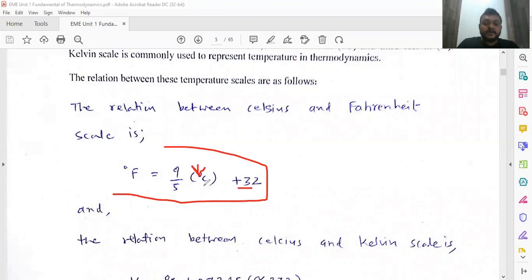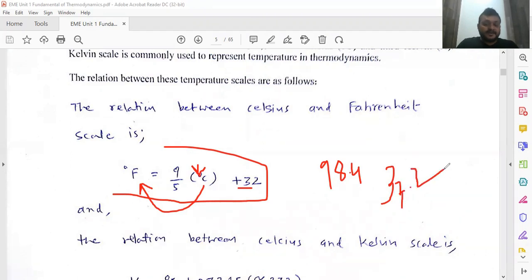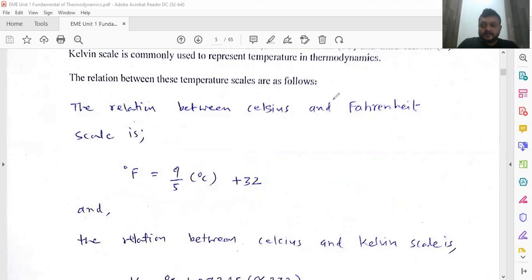So centigrade is directly converted into Fahrenheit. 98.4 degrees Fahrenheit is our ideal body temperature, which is equivalent to about 36.9 degrees centigrade. So this is about the important aspects of degree Fahrenheit and degree centigrade.